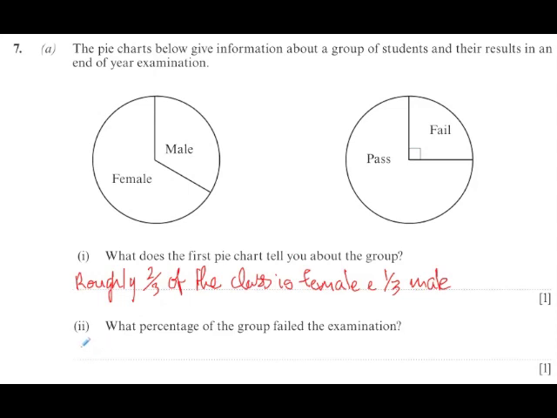Now we're not going to write quarter because it says percentage here, look. So we need to say a quarter is 25%, so we can say 25% of students failed.